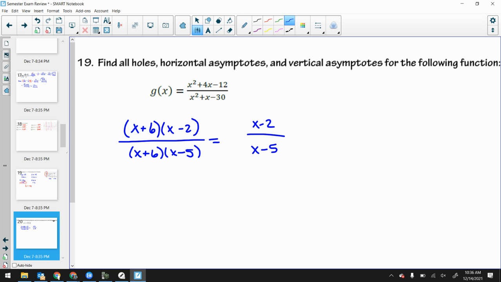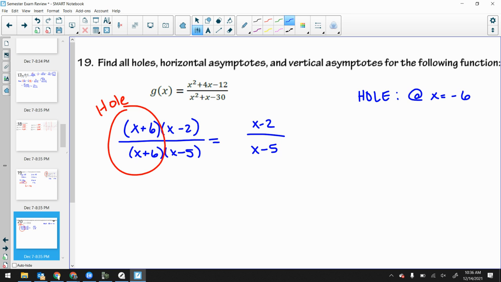Where's the hole? Not at 5. That's a vertical asymptote. At -6. Remember, this is the hole. So there's a hole at x equals -6.